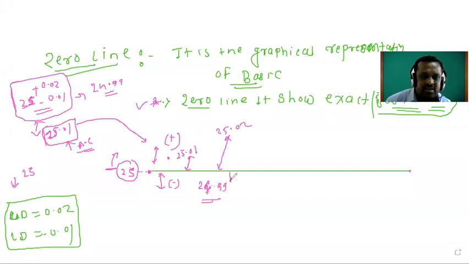So this is called as the lower deviation. हे तुमचं लोअर डिव्हिएशन झालं, हे तुमचे अप्पर डिव्हिएशन. समजतंय का? Yes, sir.